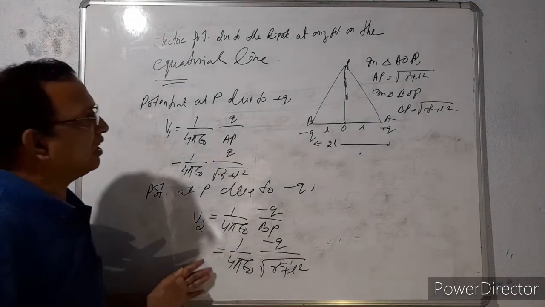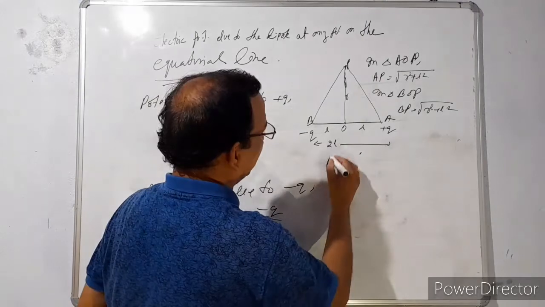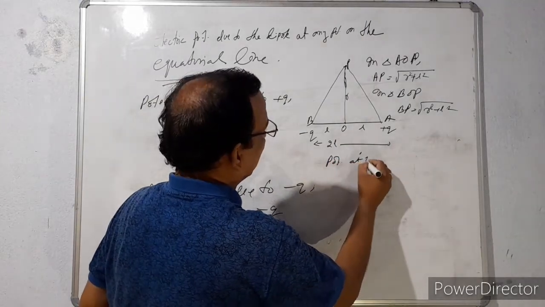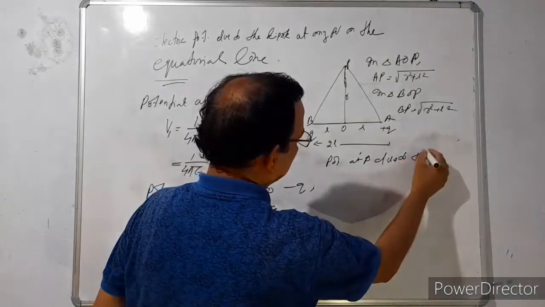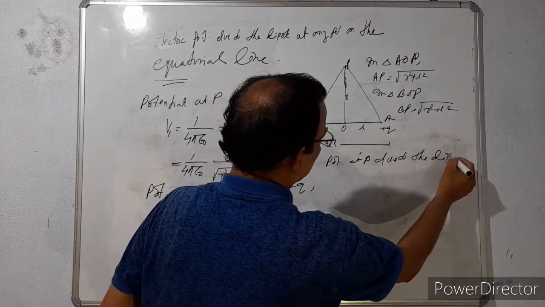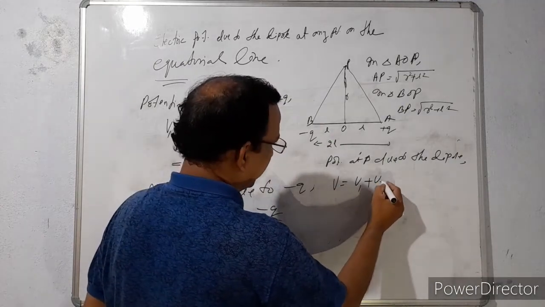Then the electric potential at P due to the dipole, V, is equal to V1 plus V2.